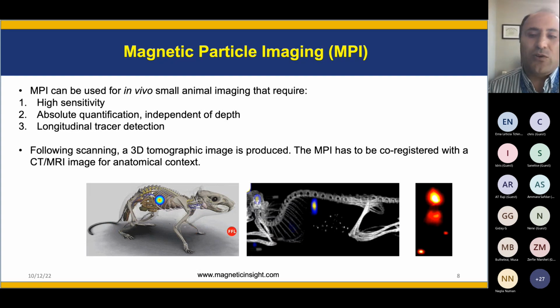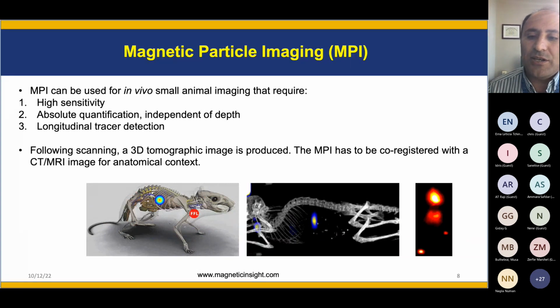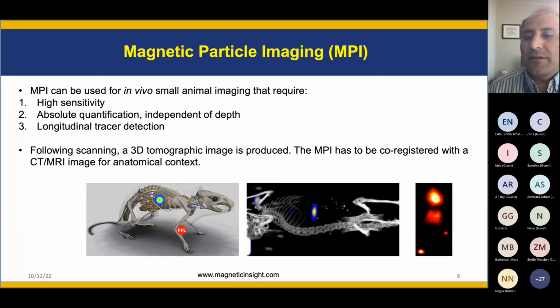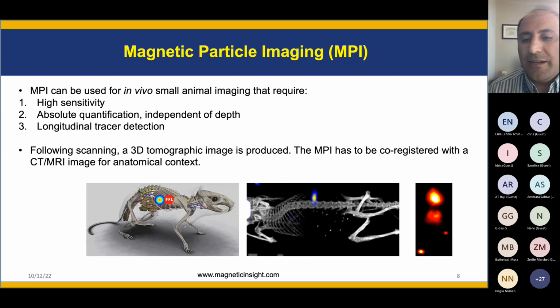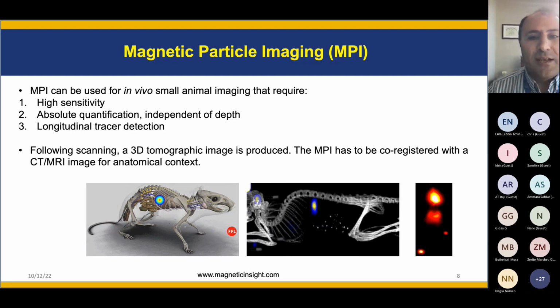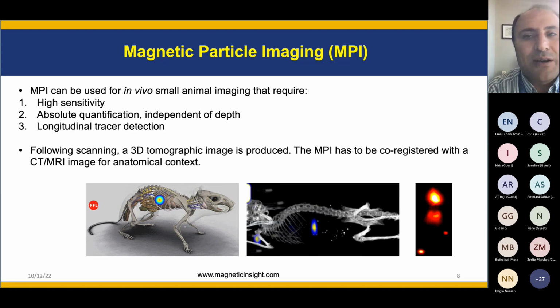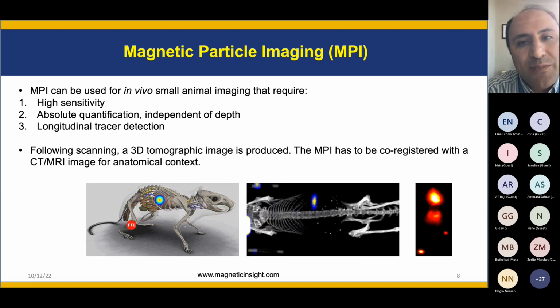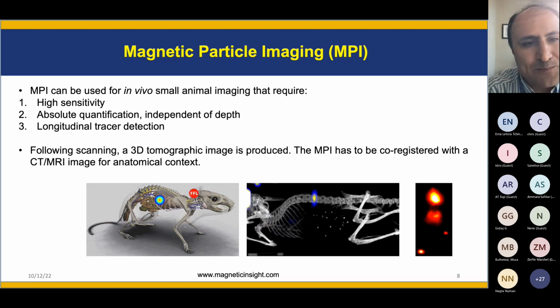But when you have a hotspot here, this means that you have accumulation of the magnetic nanoparticle, let's say in the brain, or here, let's say in the liver, they are accumulating after injection. So with this, I'm going to emphasize that MPI is a tracer-based imaging, but MRI is a contrast-based imaging.